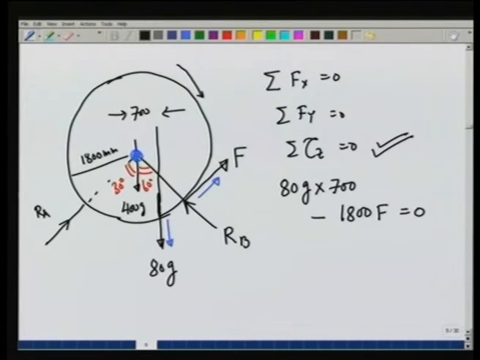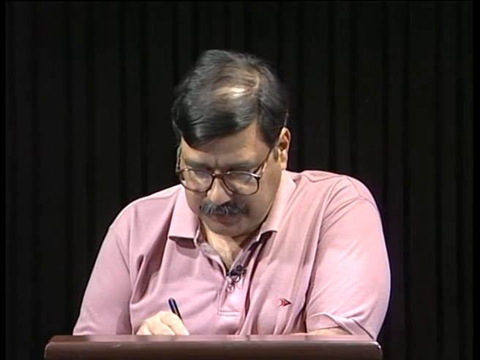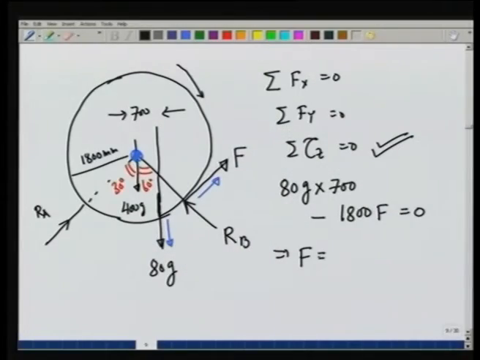Notice that I did not divide by 1000 to convert 700 and 1800 into meters, because I am using the same units, mm, on both, and this gives me force F is equal to 80 times 9.8 times 700 over 1800, which comes out to be 305 newtons.